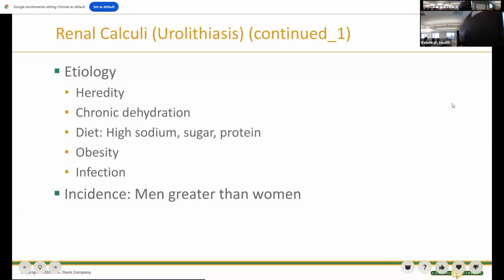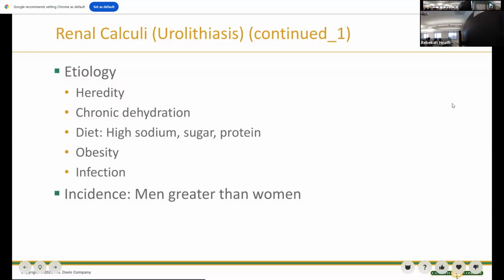Chronically dehydrated, right? I talked about that urine concentration, the higher concentration of urinary salts. If you're more dehydrated, your blood, your urine, everything is going to be more concentrated. Also, we've correlated diets that are really high in sodium, sugar, and protein with a greater likelihood of forming kidney stones.